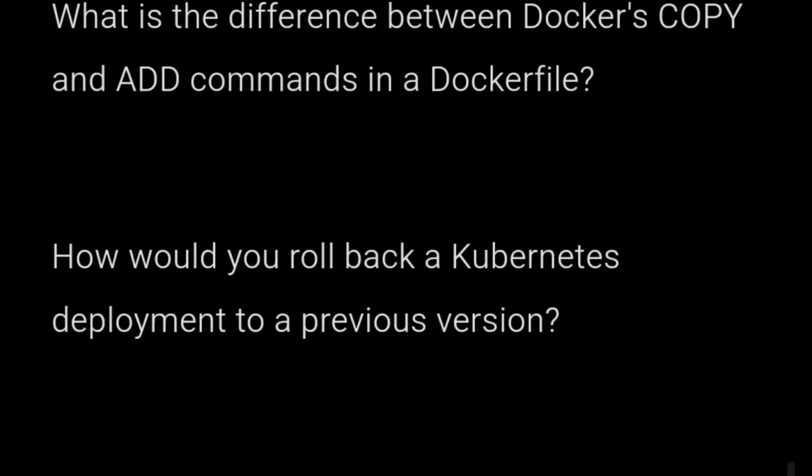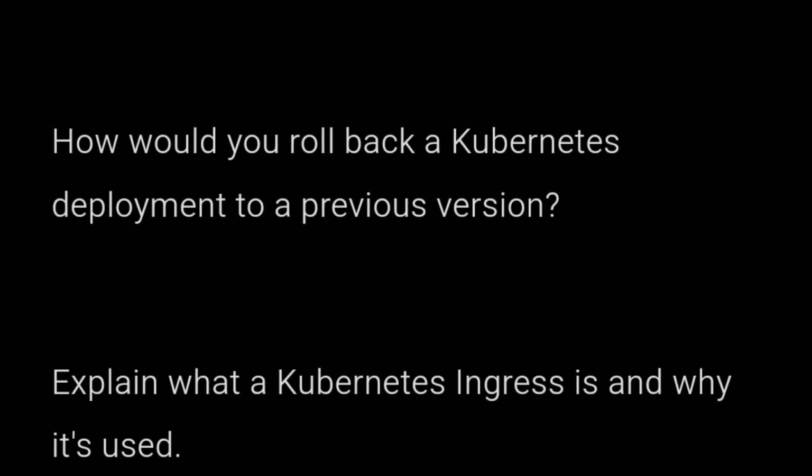And the next question was, how do you roll back a Kubernetes deployment to a previous version? There is a command, kubectl rollout history deployment and the name of the deployment. It will list all the past revisions of the deployment, and then we can roll back to a previous stable version by using the command kubectl rollout undo deployment and the deployment name.